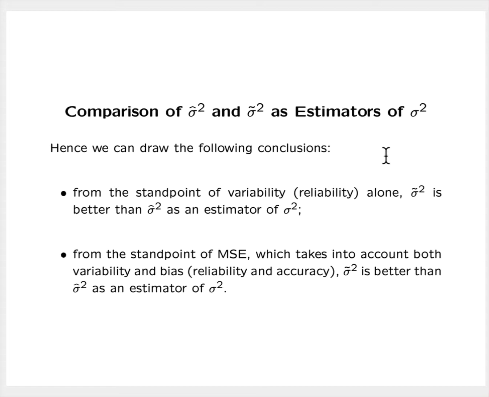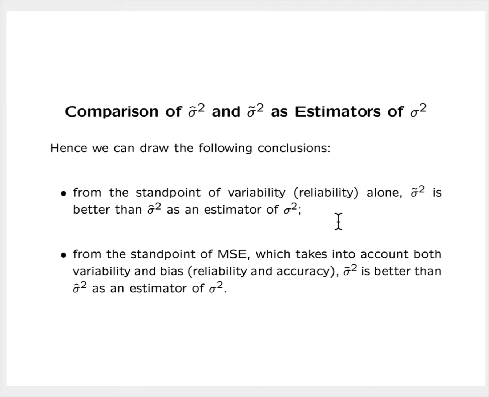And so we can draw the following conclusions. From the standpoint of variability alone, in other words, from the standpoint of the reliability of these two estimators, sigma tilde squared is a better estimator than sigma hat squared as an estimator of sigma squared. Let me say that again.